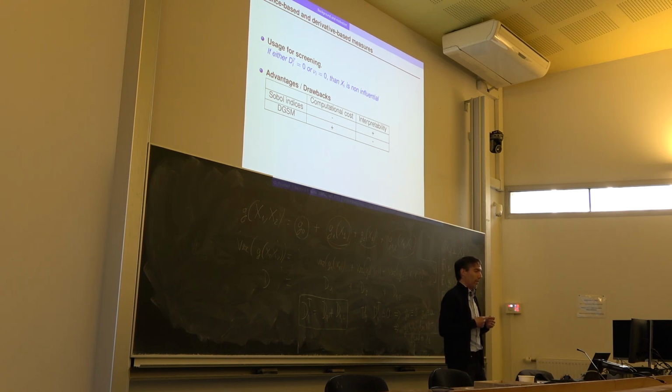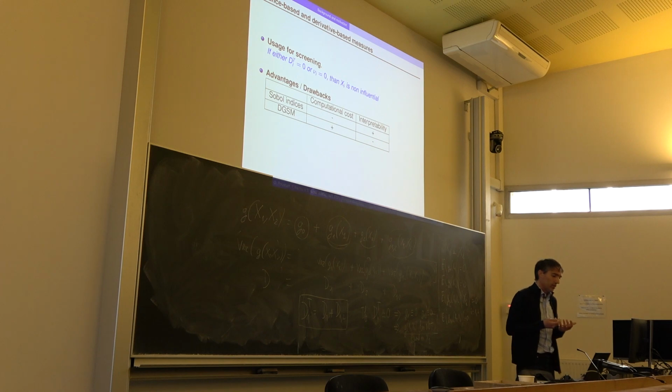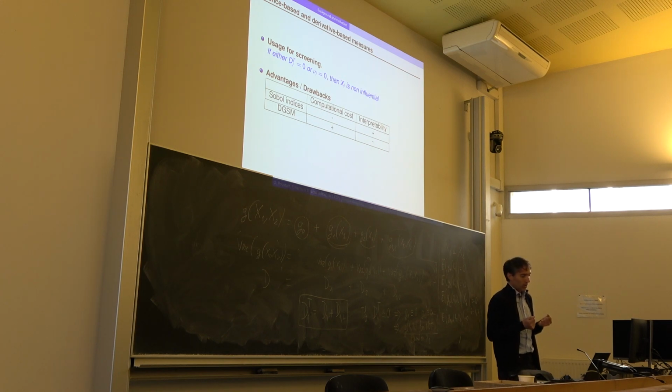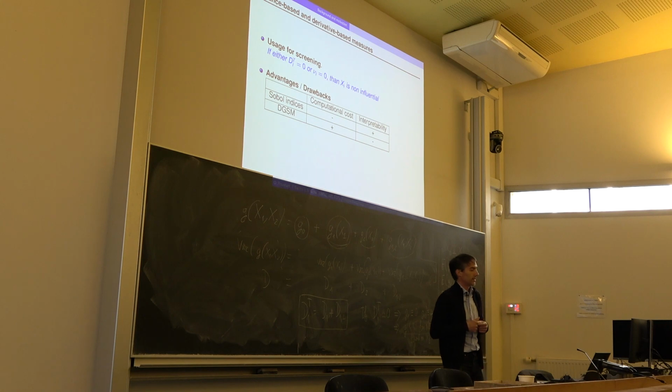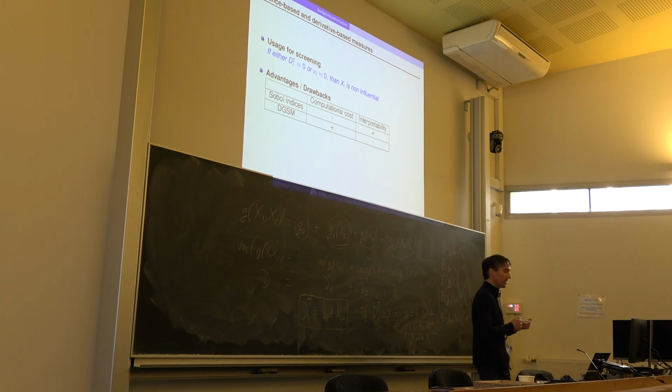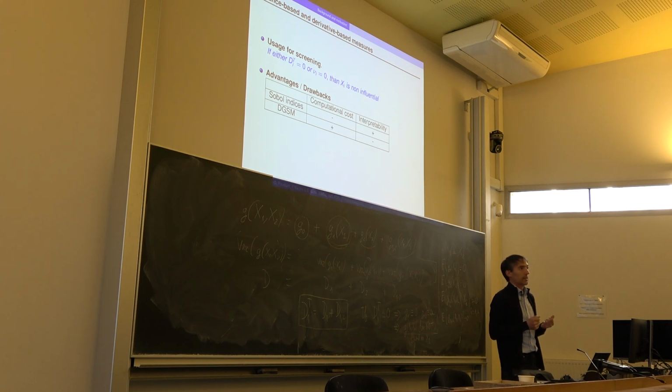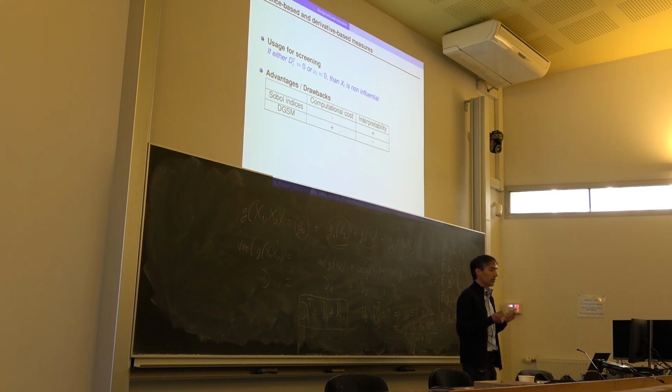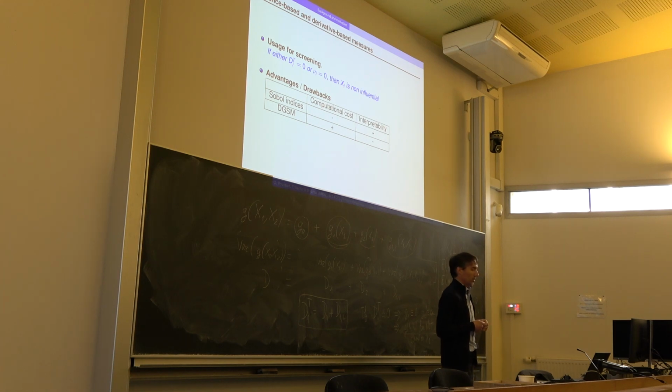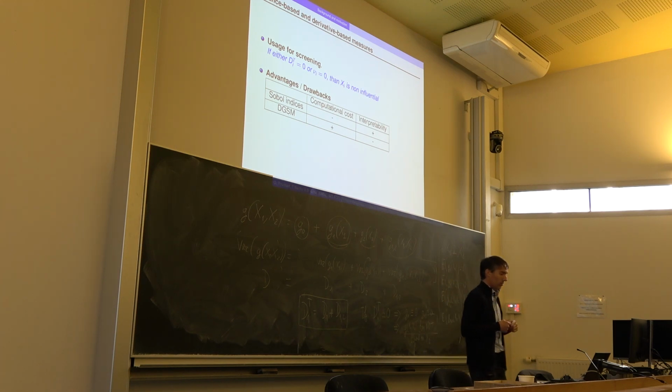So in summary, for screening, so screening is to discover which variables are not influential. If either the Sobol index Di total is 0 or the DGSM nu i is 0, then your random variable is not influential on your output. Okay, so now you have two criteria.